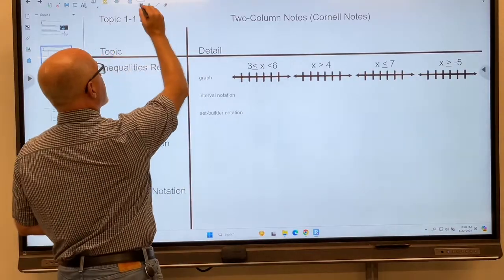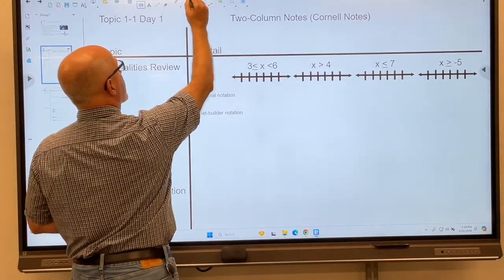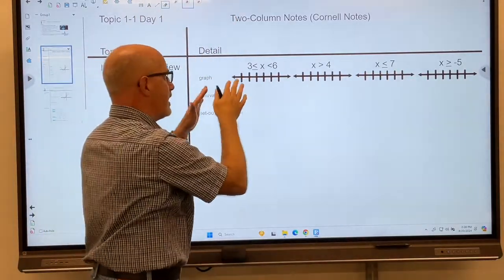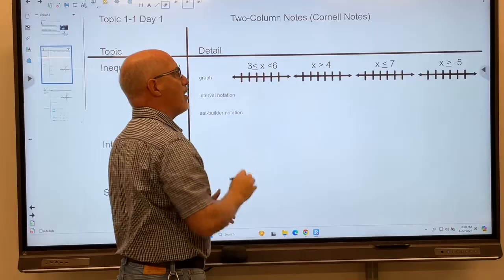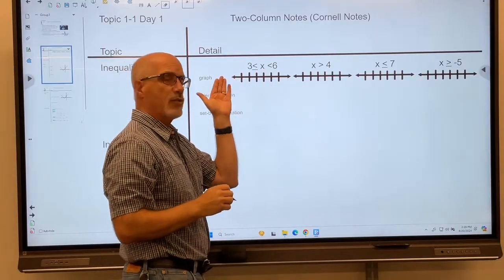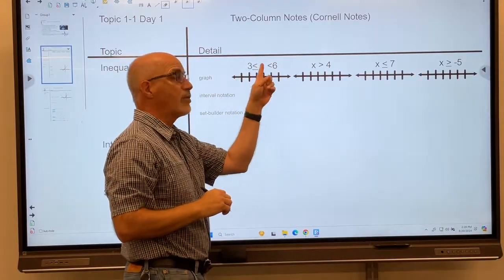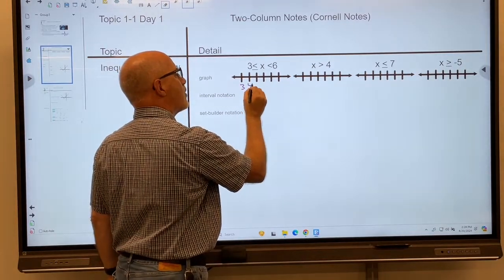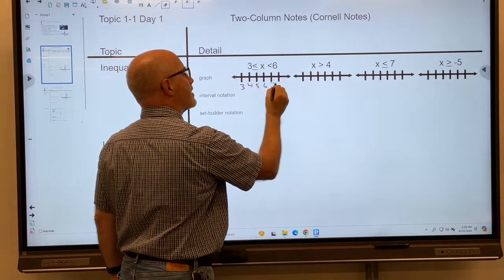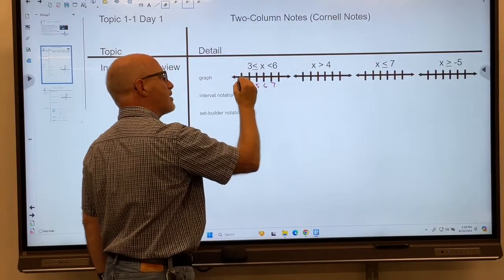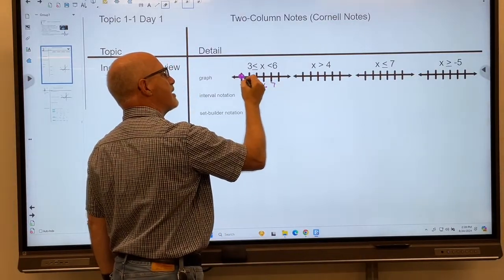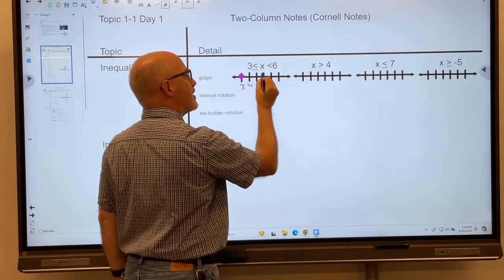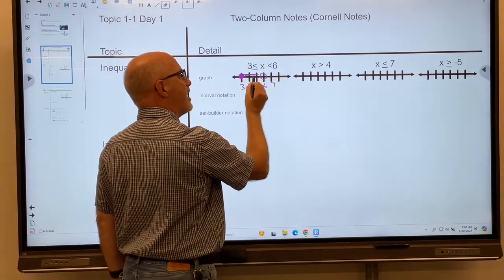So as we look at this, let's go ahead and talk through these inequalities. This inequality says we want x between 3 and 6, include the 3, don't include the 6. So if we make this 3, 4, 5, 6, and 7, you put a solid dot on 3 because it has the or equal to, and you put an open dot on the 6 because it does not include that one.